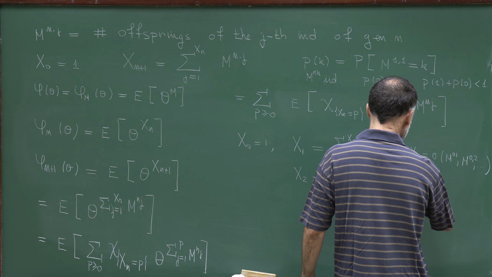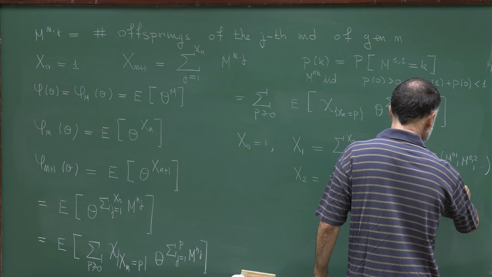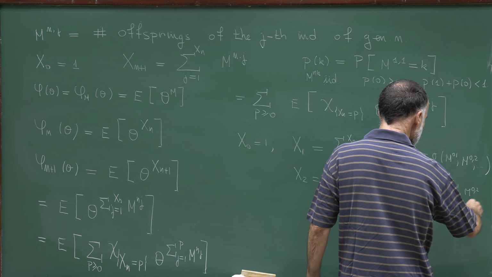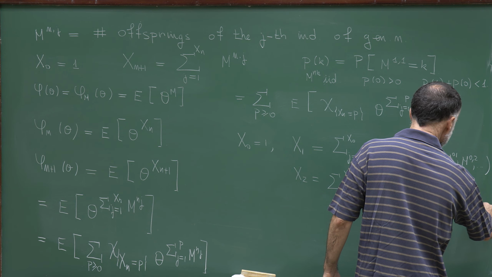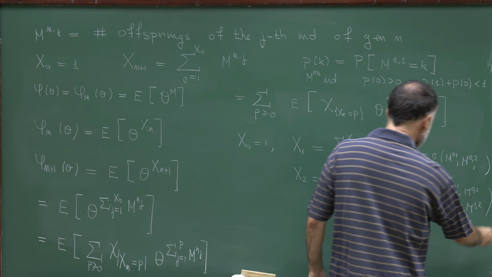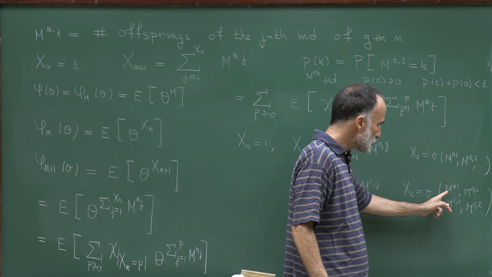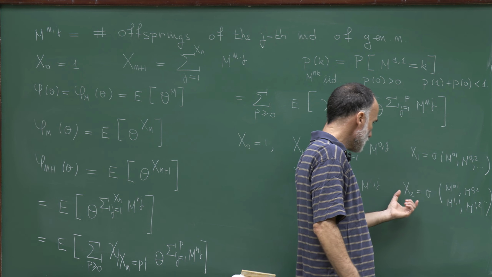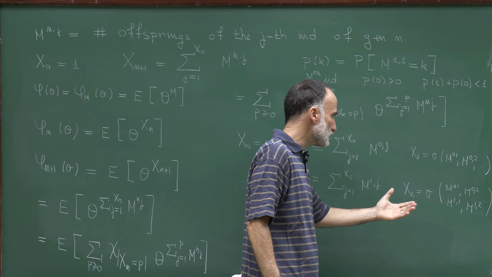So from this, I get that x2 is a function of the variables m01, m02, and so on, because x1 is a function of these variables, and then also m11, m12, and so on. So if you give me the values of m01, m02, m11, m12, and so on, I can compute x2, because x2 is a function of these variables.